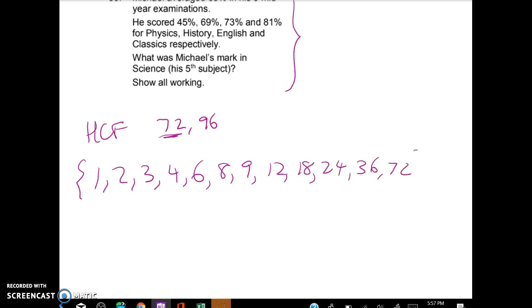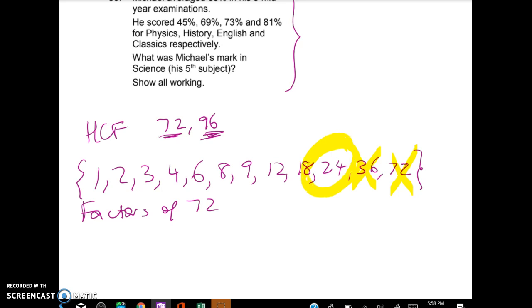Right, there we go. So which ones are also factors of 96? Well, we'll start from the top end. 72 is not. 36 is also not. But 24 is, right? Because 24 times 4 will give me 96. So in that case, it wasn't too bad.